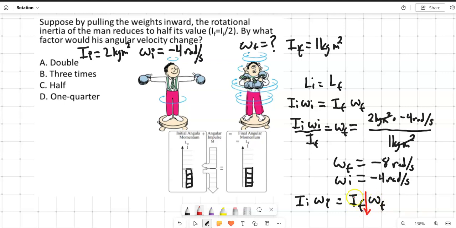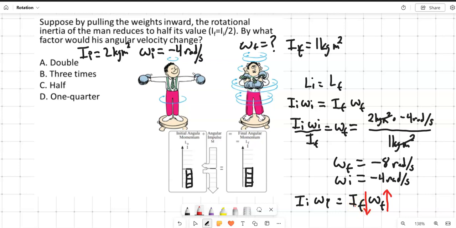Well, in order to keep this total number equal, the final angular velocity has to go up by 2 to balance out the final moment of inertia. So since this has got to go down by 2, this has got to go up by 2, so they maintain being equal to 8. That's conceptually the reason why this has to go up, to balance out that lowering moment of inertia.